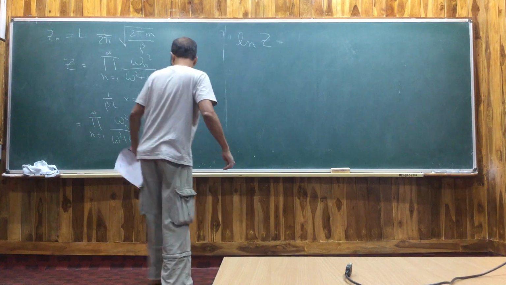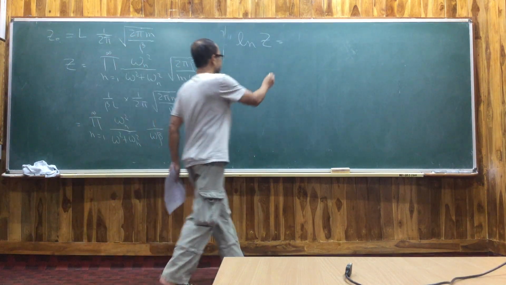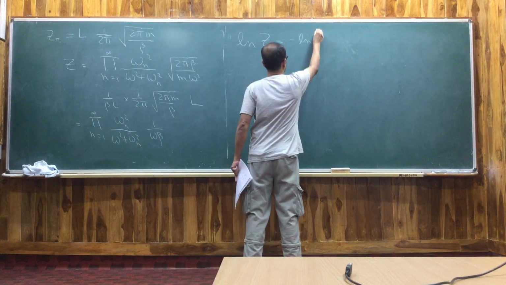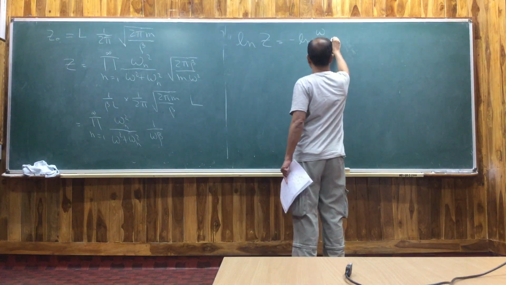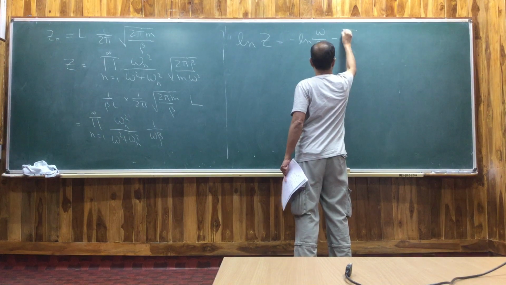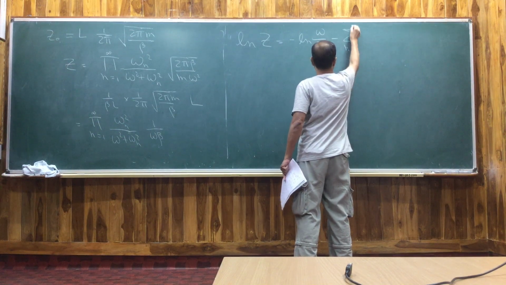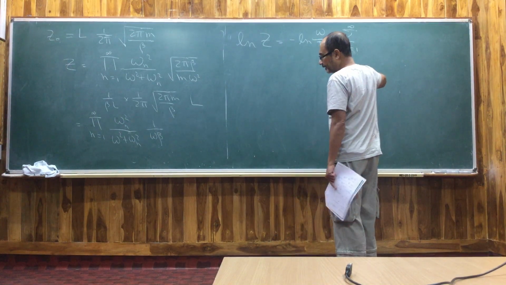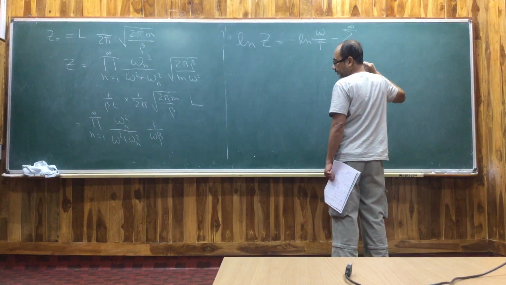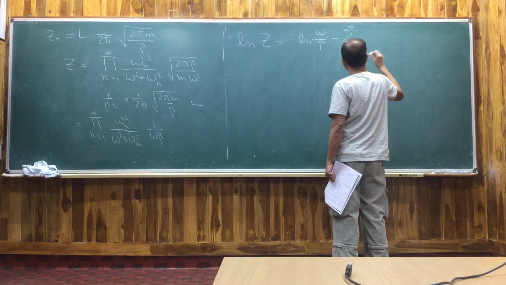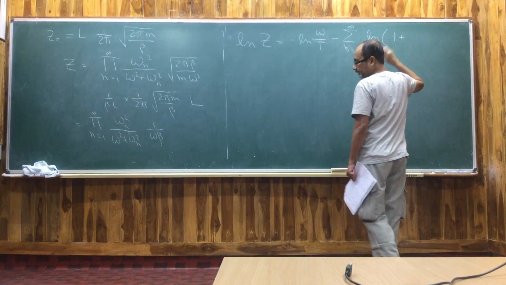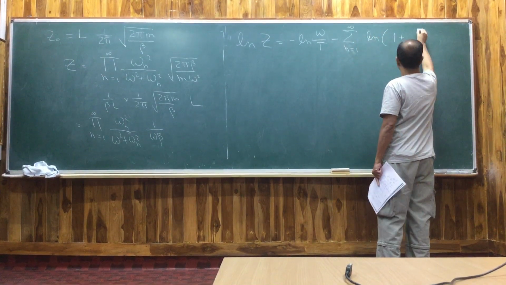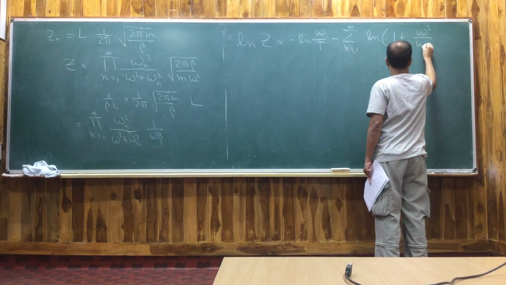So log Z from here is minus log omega over T, minus the sum over n equal to 1 to infinity of log of 1 plus omega square by omega n square.